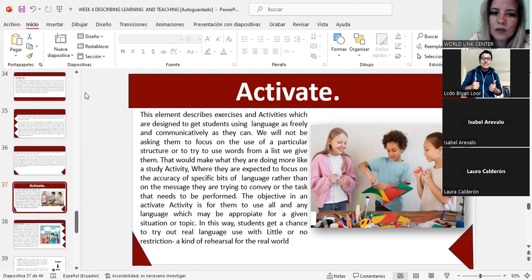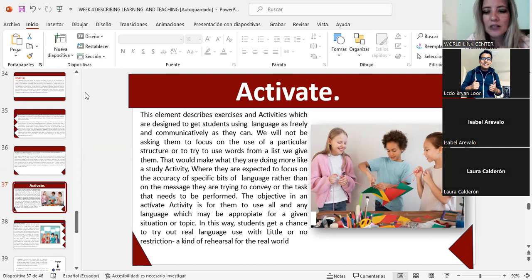The objective in an activate activity is for them to use all and any language which may be appropriate for a given situation or topic. In this way, students get a chance to try out real language used with little or no restriction, a kind of rehearsal for the real world.